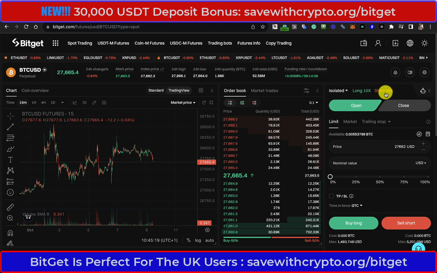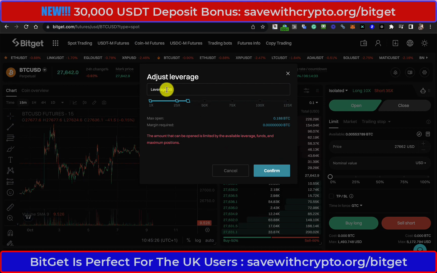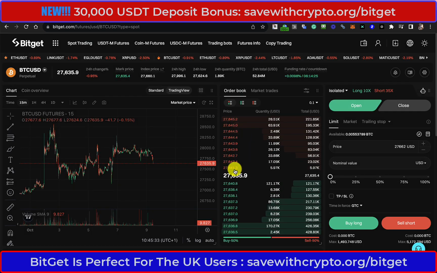By the way, if you're shorting, so if you're trying to bet on the price going down, you can actually alter your leverage separately there. I had that on the crazy 35. I'm actually going to leave that on that because I have a plan for a big short coming up in the future. Basically, when we get to 29,000, I think it's going to crash right down to like 22, but that's the subject of another video.